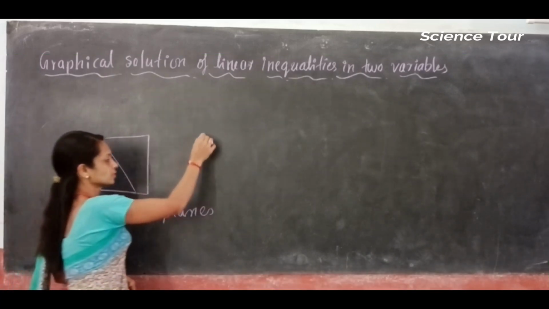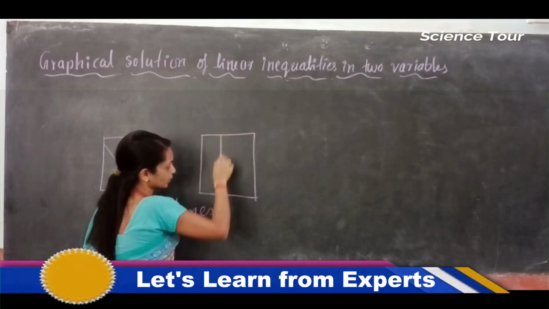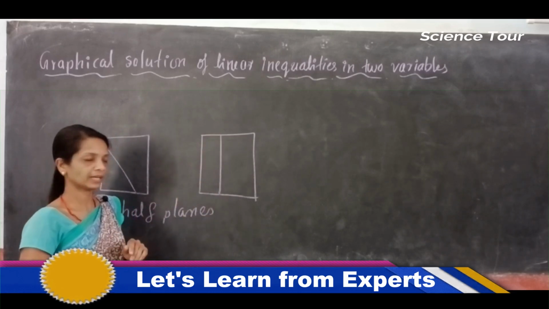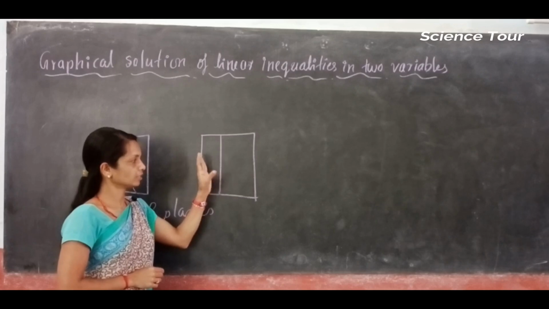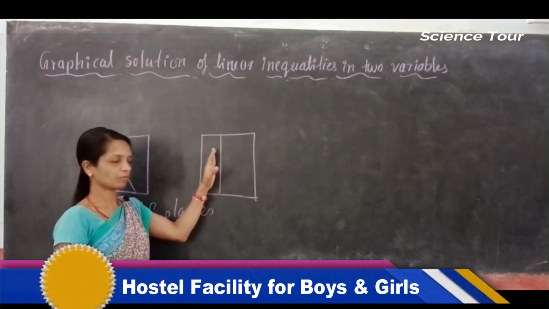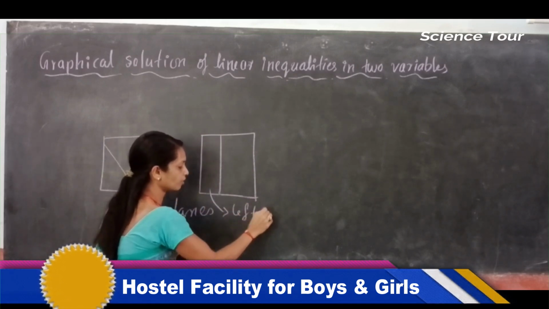Suppose you draw a vertical line in a plane, for example like this. This is a plane and I drew one vertical line in that plane. Then on the left side you have one part, on the right side you have another part. The left part of the vertical line is called the left half plane.